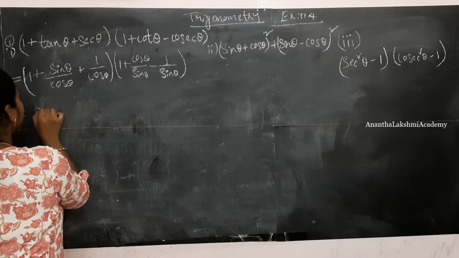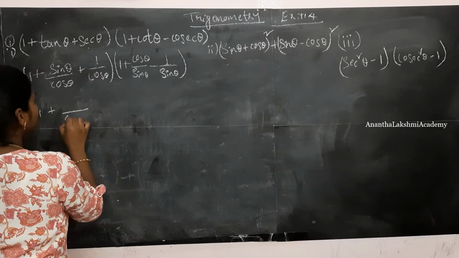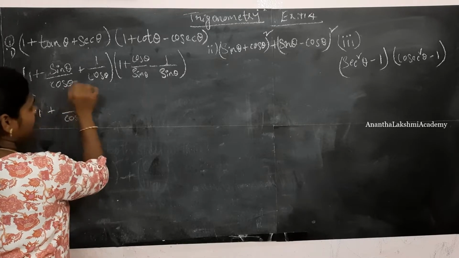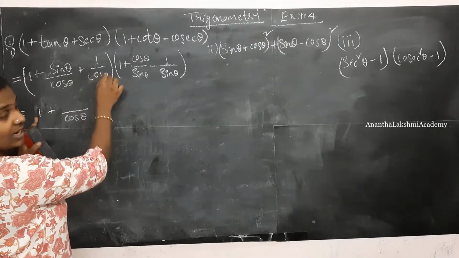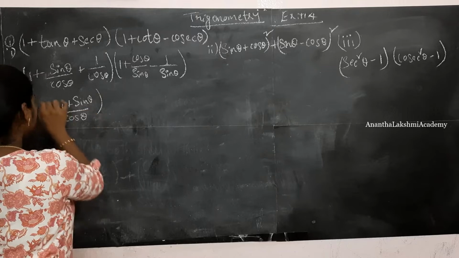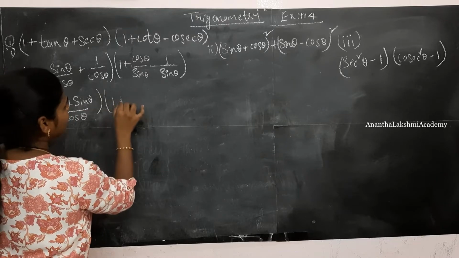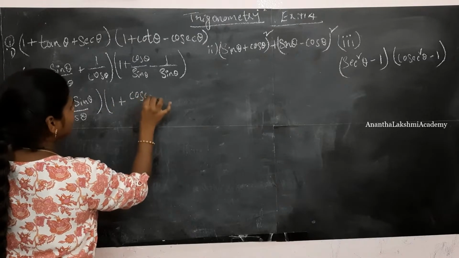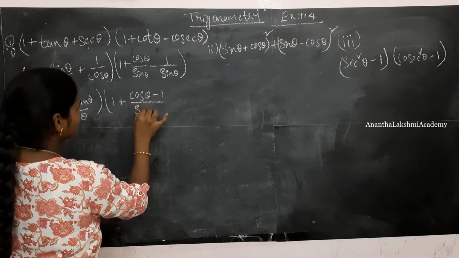So here, adding these fractions, this becomes 1 plus sine theta by cos theta, and this becomes 1 plus cos theta minus 1 by sine theta.